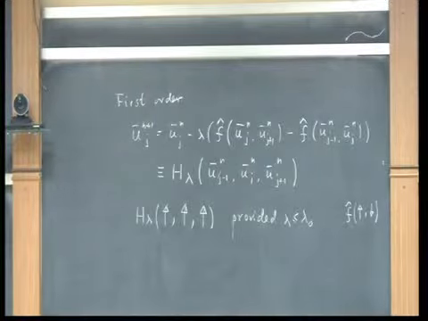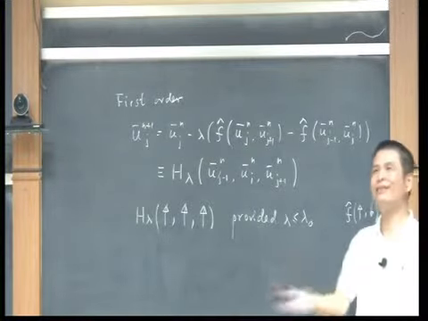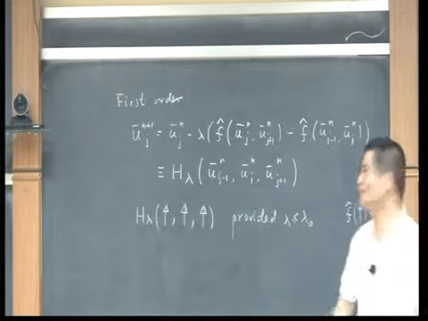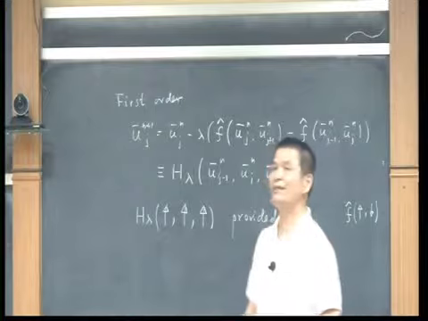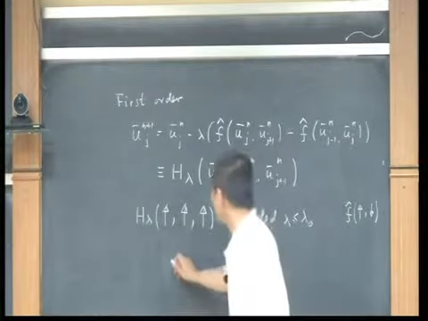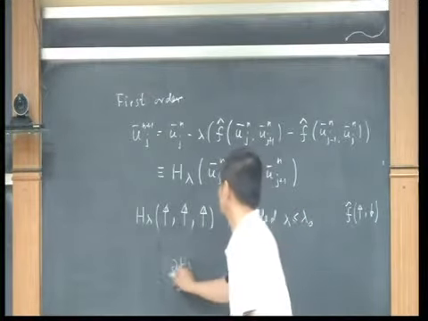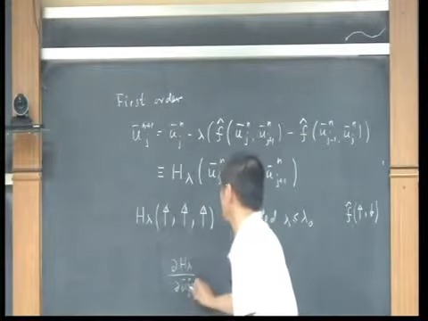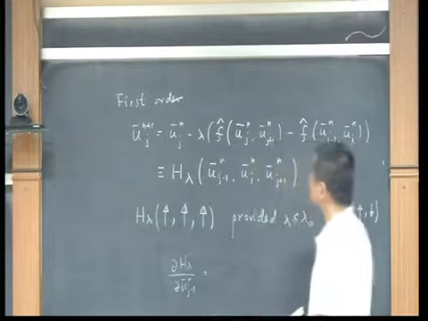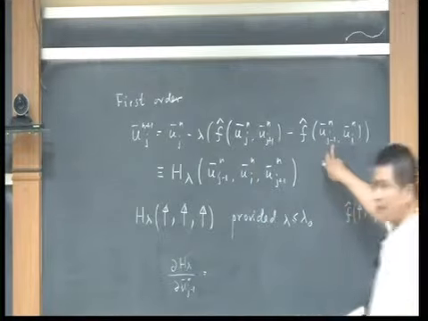How do I know that? Well, let's do the easiest thing. Let's take partial derivative, assuming that these guys are all differentiable. It's easier to do it that way. So you take the partial derivative with respect to this first guy. What do you get? Well, it appears only here.